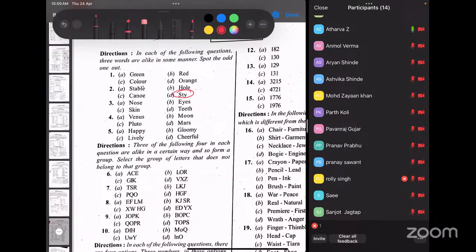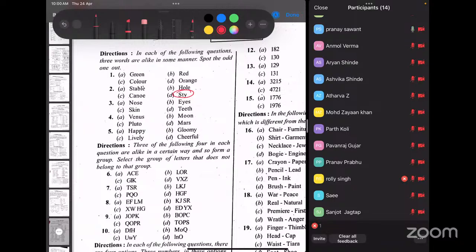The rest of the three are like homes. A stable is for a horse. These are the places basically for someone to live. Yes, sir.